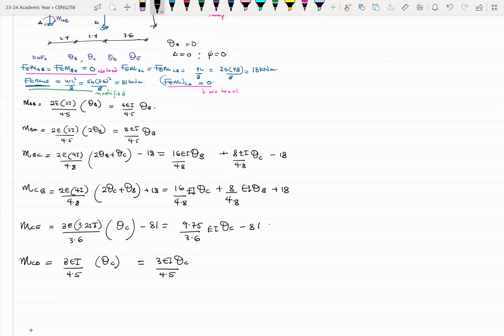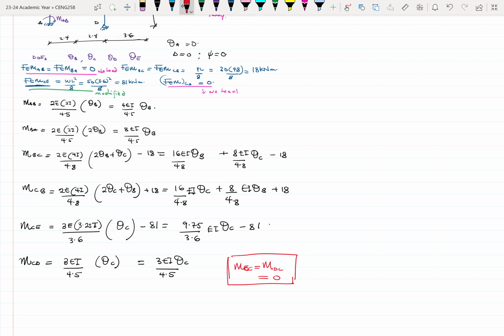Just take note that the reason we didn't bring those other two was that MEC is equal to MDC. They are all 0.